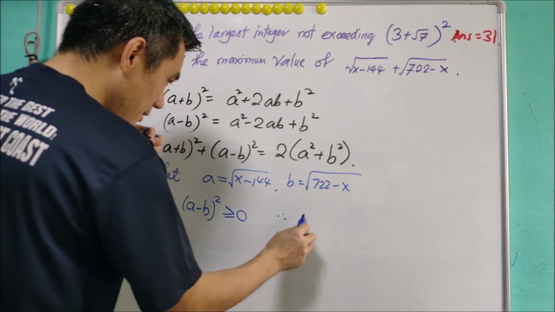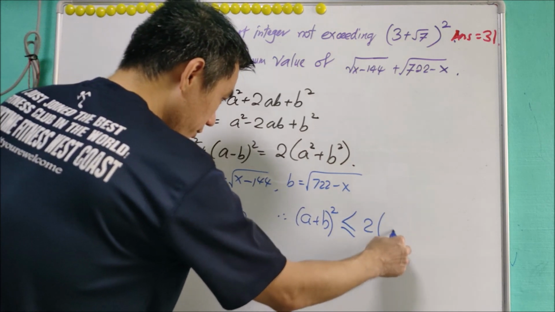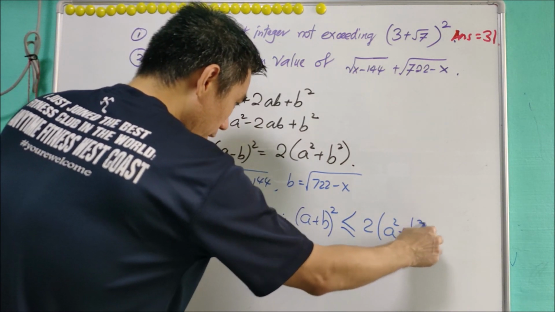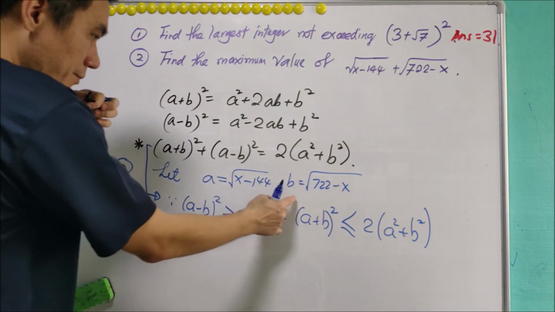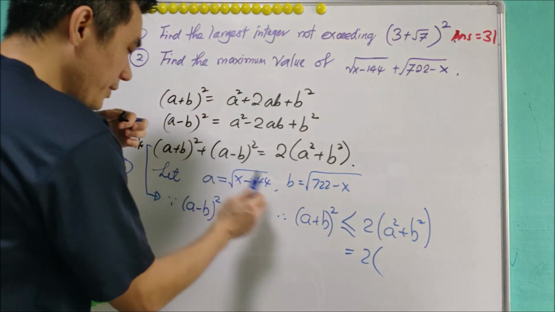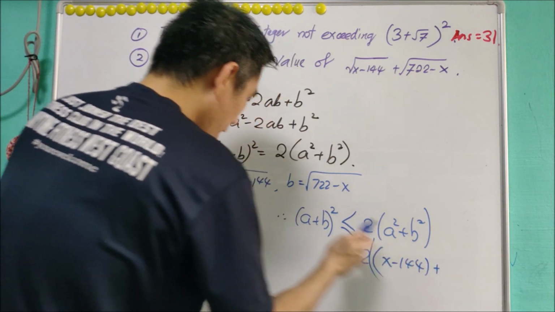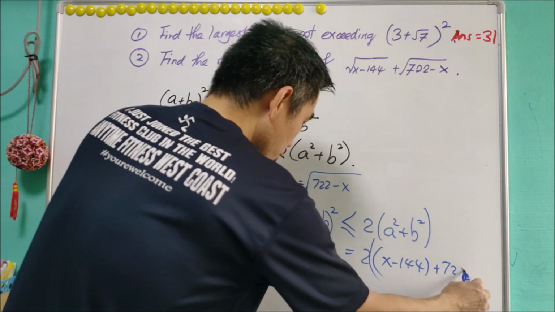It means that the square of a plus b must be less than or equal to 2 of a squared plus b squared. If a, b are as such, a squared will be equal to x minus 144 and b squared will be equal to 722 minus x.